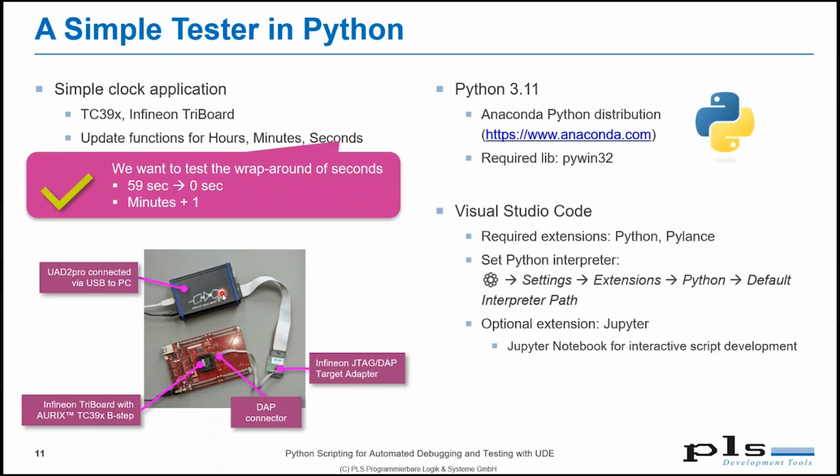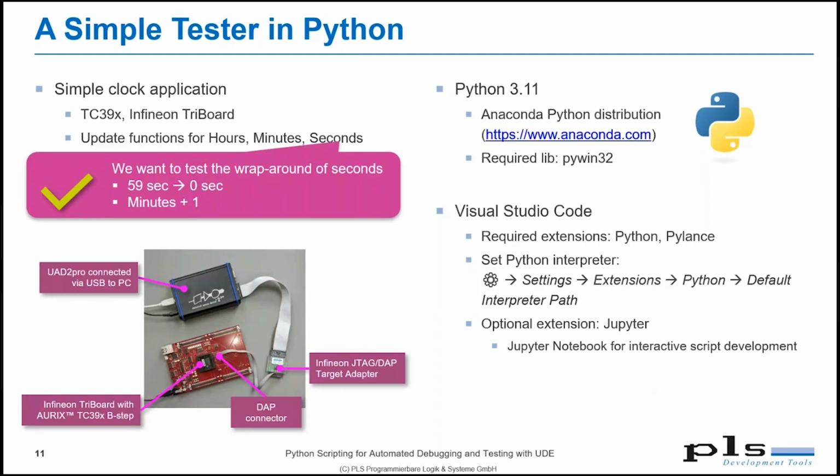For the script development, I use the Anaconda Python distribution, and for writing the script, Visual Studio Code. If it's not installed already in the Python distribution, you will need to install the Pywin32 library, which provides you the necessary functions for using COM.